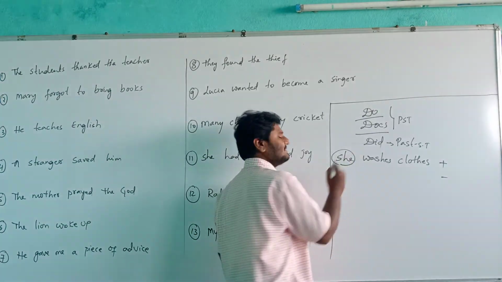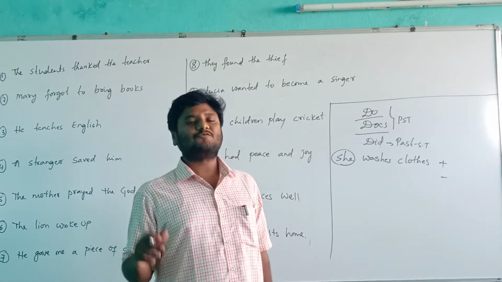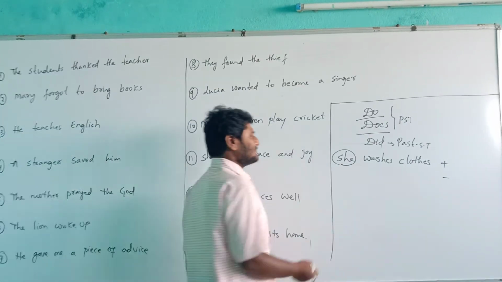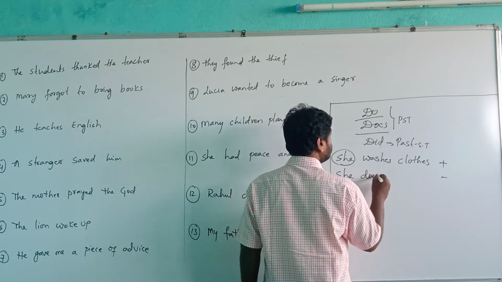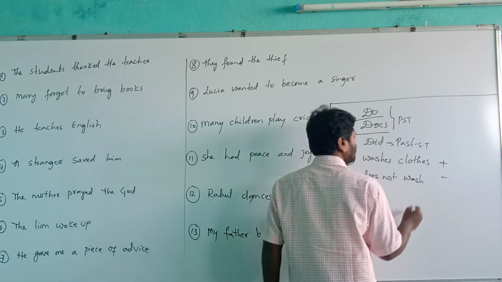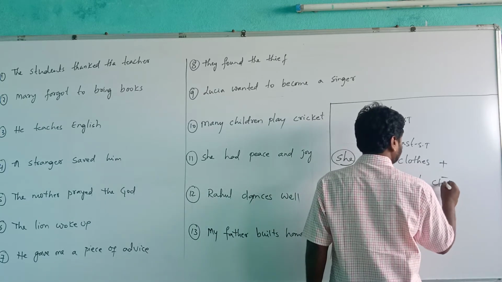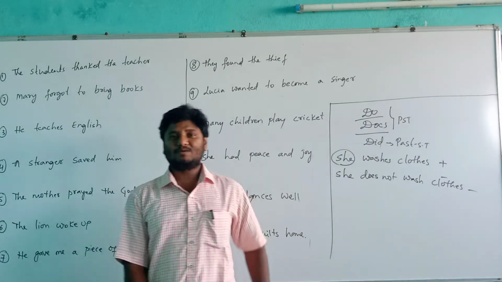Since my subject is here third person, I take does to frame the negative sentence. So how will it be? She does not wash clothes. This is for the negative statement.